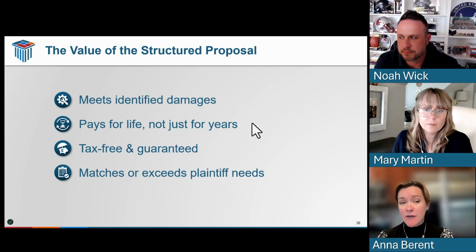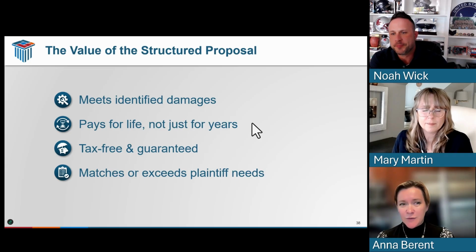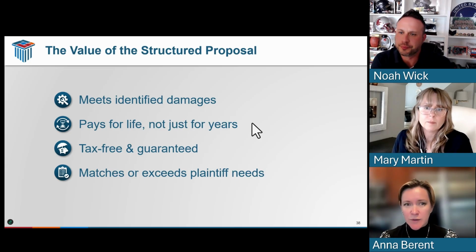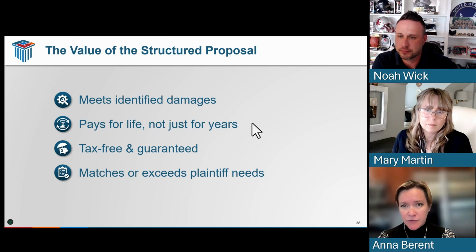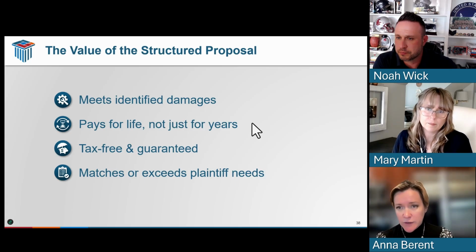Exactly. Every case has a value, whether that value is high or low or somewhere in between. Your strategy might differ in terms of wanting to settle or wanting to go to trial. But every case that comes across defense desks or claims managers' desks has some kind of a value. And usually that value is vastly different, especially in this day and age, from what the plaintiff's attorneys put on their cases.